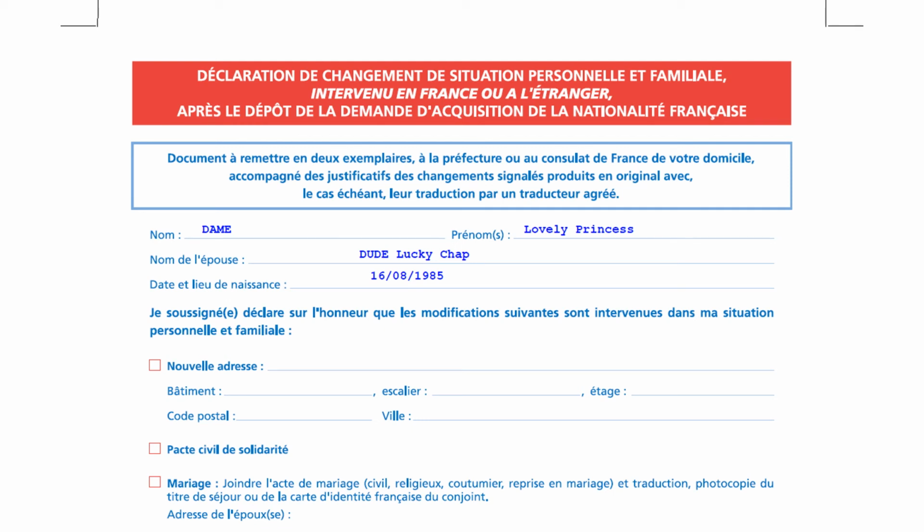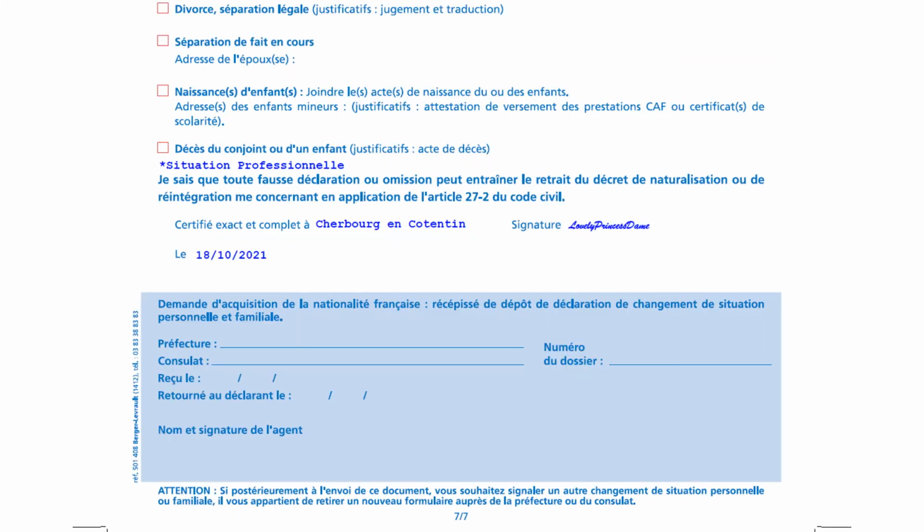If we look at the bottom, she has completed it, and she is going to attach a copy of her contract to this document. She's going to send 2 copies of this page. The change in her situation was actually a change in her professional situation. She stated it, and she has duly signed and dated.